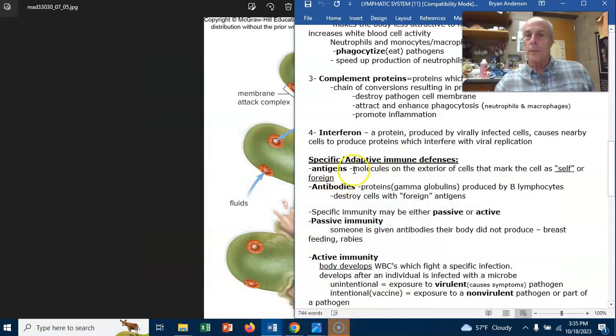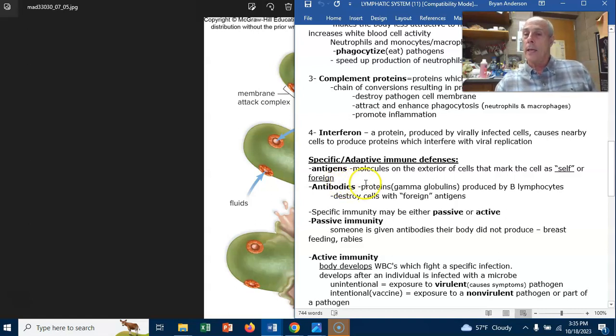So antigens have to be identified and interpreted, if you will. And then once that interpretation has happened and the cell is identified as foreign, an antibody will be produced to kill off that cell marked as foreign.